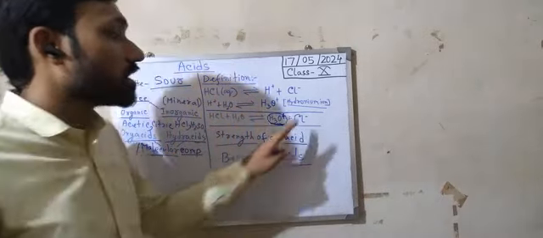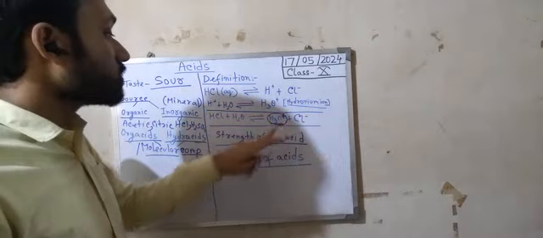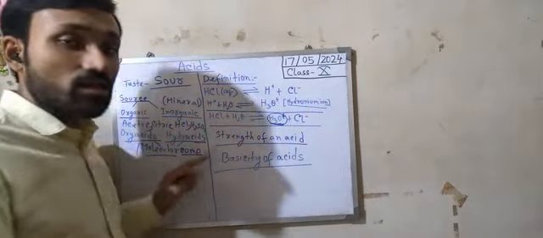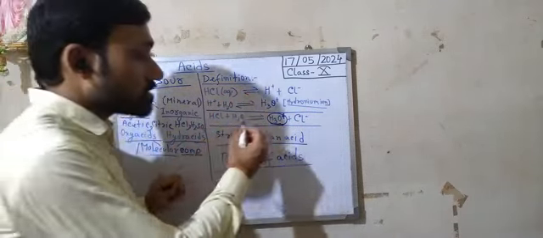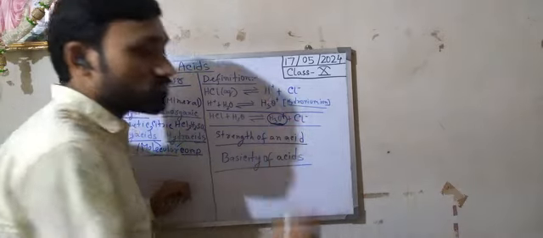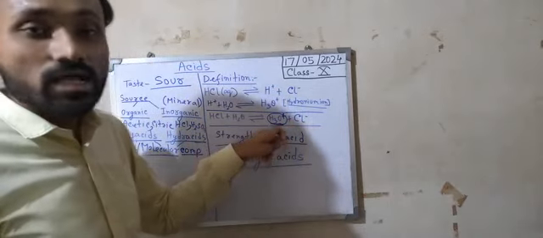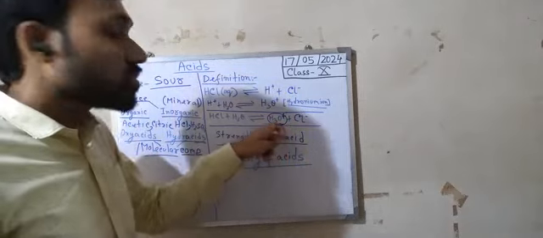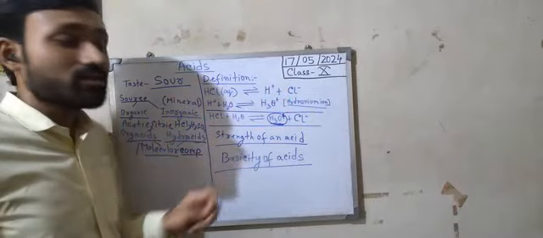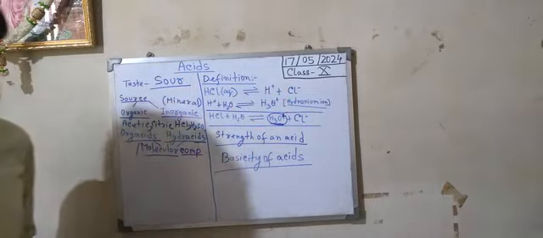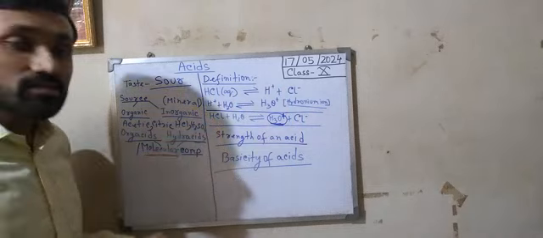This hydronium ion is formed. So in the overall reaction we can see that HCl, when dissolved in water, yields H3O plus hydronium ion as the only positively charged ion. From this chemical equation we can say that HCl is an acid.